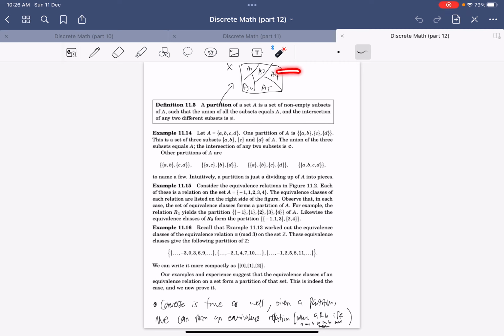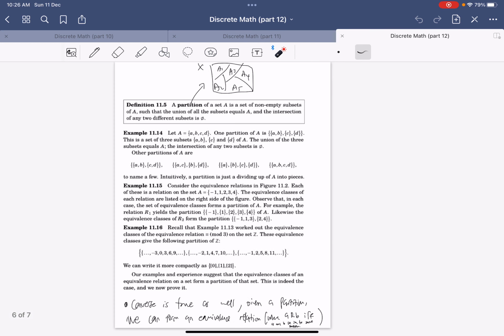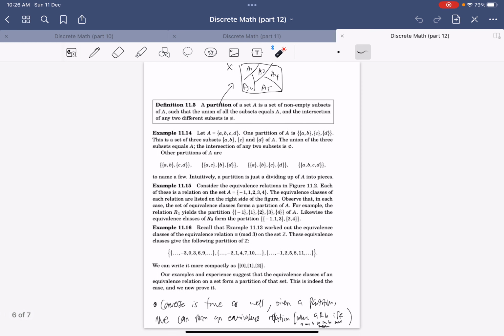So for example, A and B lie in this, so we can just say A is related to B. The proof of this just follows from set theory logic, so you can just prove it yourself, but I'd like you to remember how we thought of it and how it is quite intuitive how it arises.